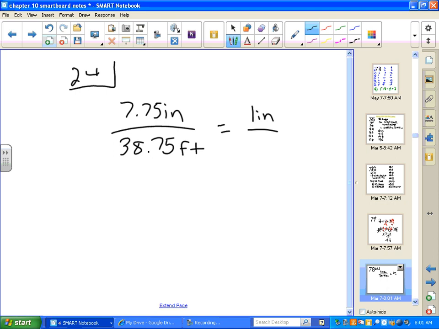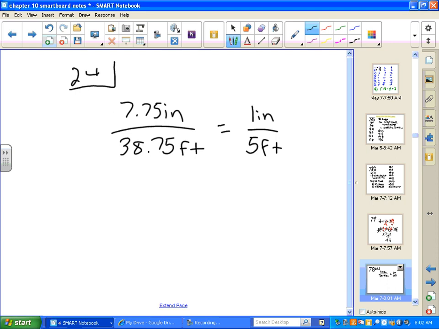So 1 inch is over 5 feet, but you left yours as 5 feet over 1 inch. Just look for the answer, and it has to be G. You don't have your book in front of you. You're fine if you flipped it, but this is the only option that it can be. No, it's 5 feet, not inches. Oh, okay. Big difference. Like, do you see how we have the units up here? You have to have those units right, because 5 feet versus 5 inches is a big difference. Okay? Now, the order that you set it up doesn't matter, but look what the answer choice is. Okay? Mary?